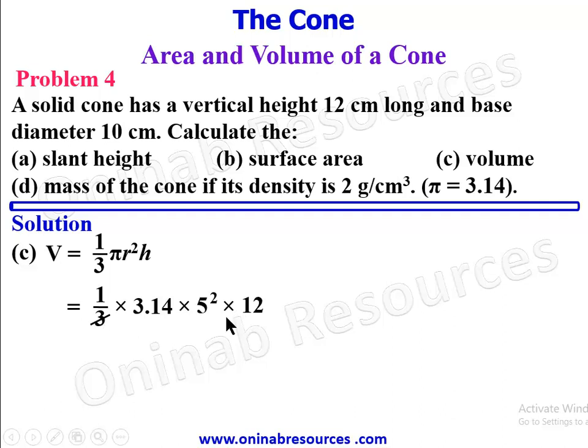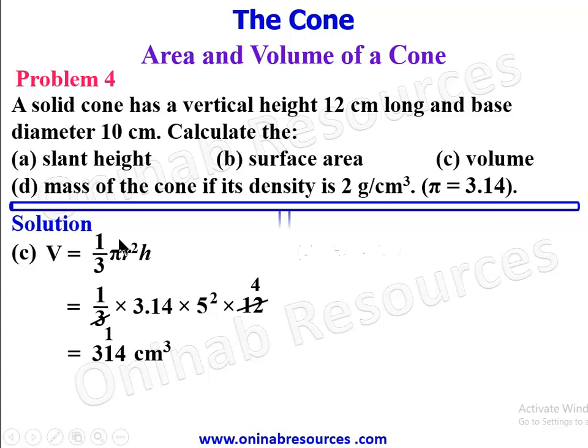This 3 here goes 1, 3 goes here, 4. And if you look at it, 5 squared is 25, times 4 is 100. So 100 multiplied by 3.14, we just move the decimal point. We have our answer as 314 cubic centimeters, which represents the volume of the cone in problem 4.